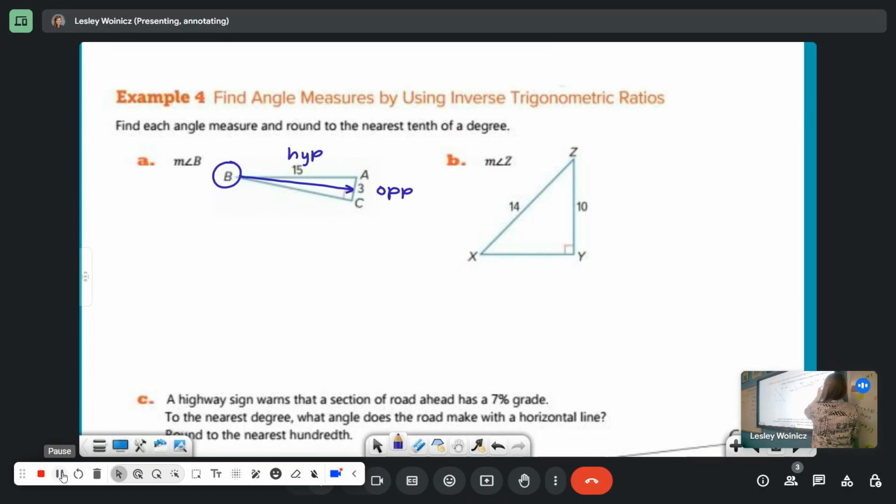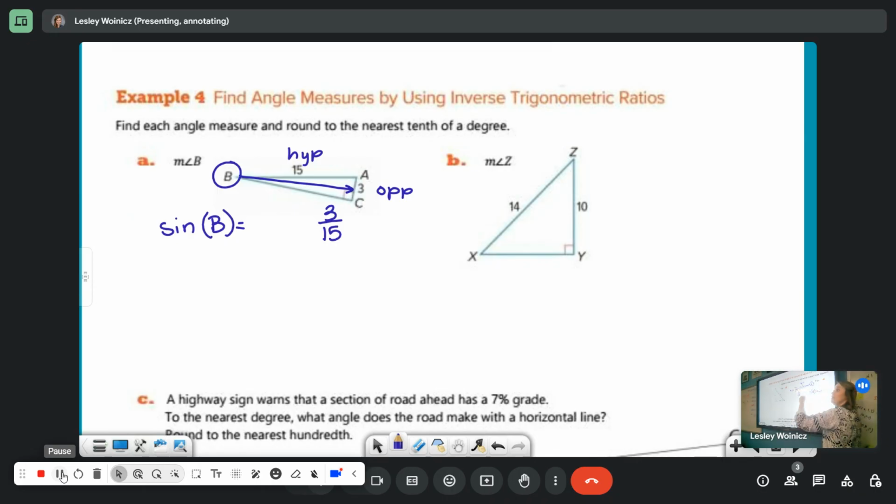So which of our functions relates opposite to hypotenuse? Sine. So we know that the sine of B is 3/15. Now I'm going to rewrite this with a little bit of room in front of the 3/15. So how do we undo a sine? Because my variable is inside of this sine function.